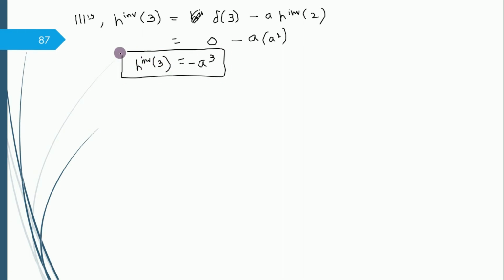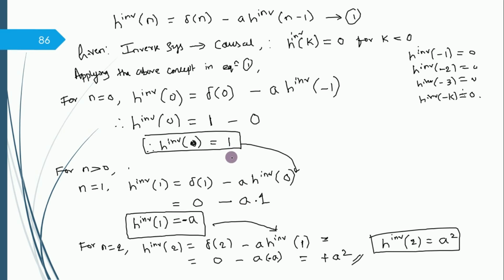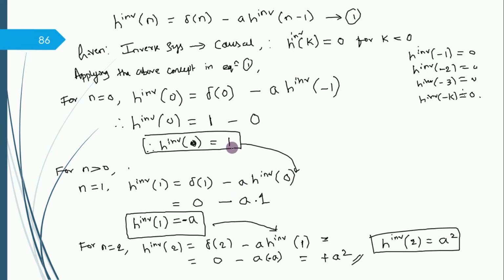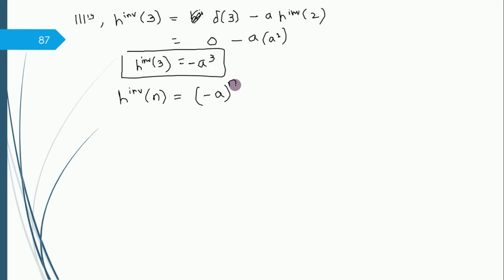Now by looking at it, we write the H inverse function in this manner. H inverse of n: this is 1 for n equal to 0. For n equal to 1, it is minus a. For n equal to 2, it is a square. For n equal to 3, it is minus a cube. To generalize, just check. For n equal to 0, minus a raised to 0 gives 1.